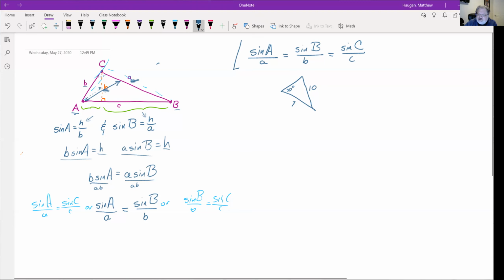We have the relationship down. So just the fact that the sine of that 30 degrees in ratio to the length 10 has to be equal to the sine of, well, it would have to be this angle. I'm going to call it angle B for the fun of it. B in ratio to its opposite 7. The fact that those have to be equal allows us to solve for B. And we'll do that in a minute.